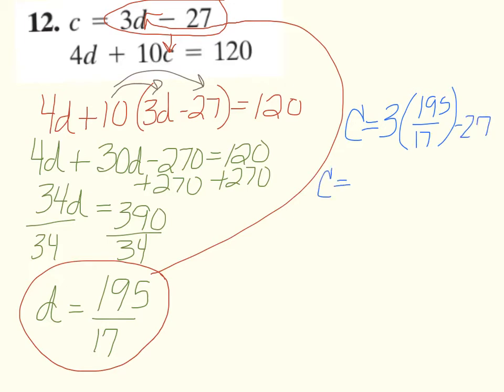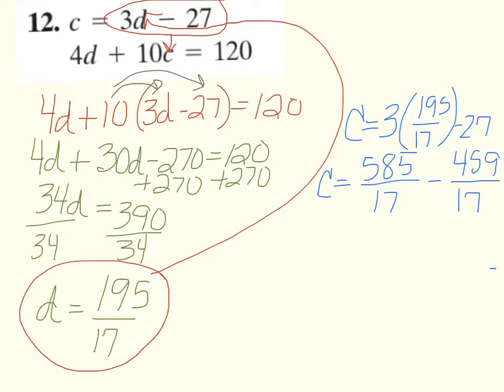So c equals 585 over 17 minus 27. You want to put that as a fraction, so you want 27 to be put as a fraction over 17. So 27 times 17 is 459.